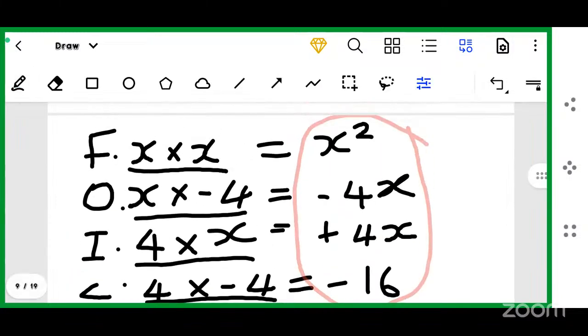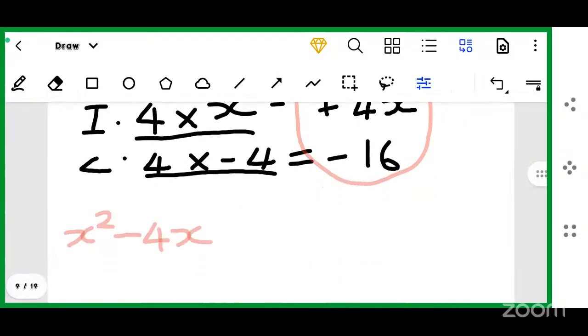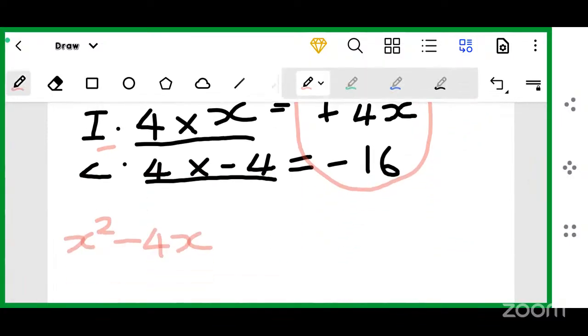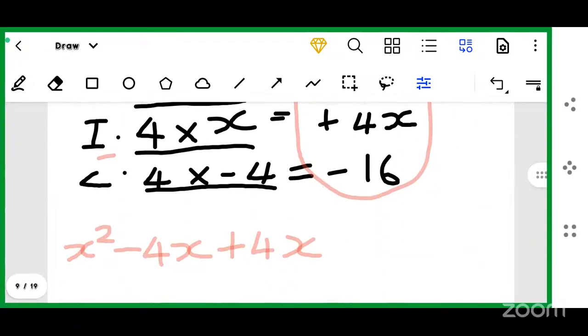So we already wrote the F. Now we are writing the O, which is negative 4x. We already wrote the negative 4x. Now we have to write the I, which is plus 4x. So we write our plus 4x. And then we check the last one, which is the L, which is negative 16.